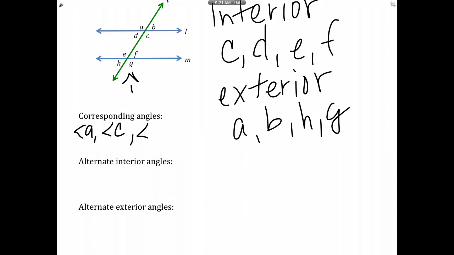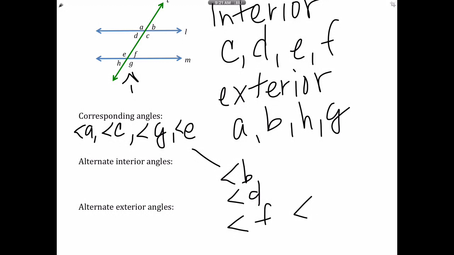So we have angle A, angle C, angle G, and angle E. The second set of corresponding angles is angle B, angle D, angle F, and angle H.